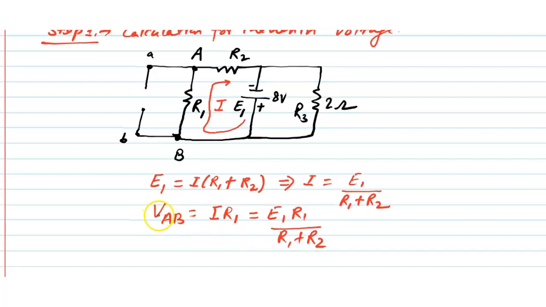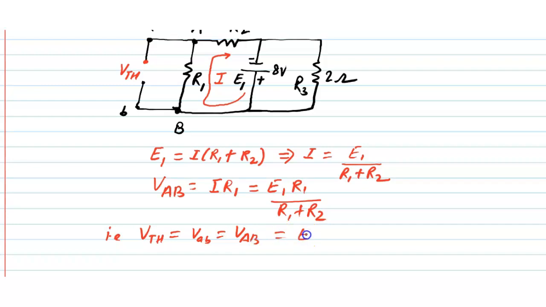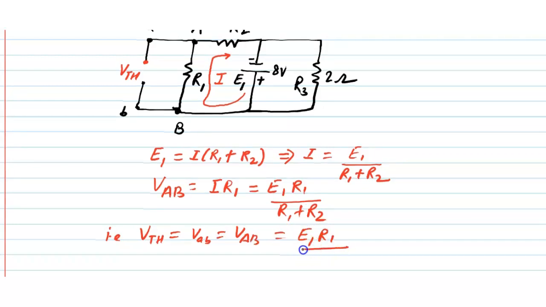This voltage is the open circuit voltage, that is VTH is equal to VAB is equal to E1 R1 upon R1 plus R2.